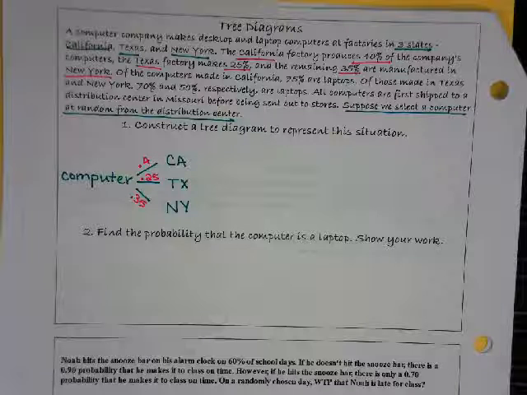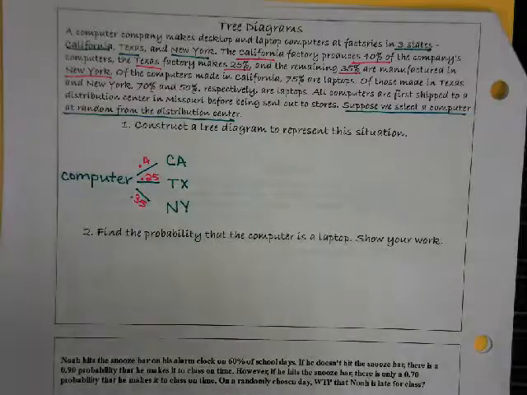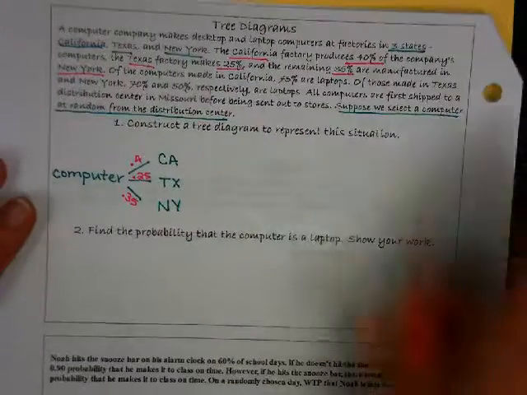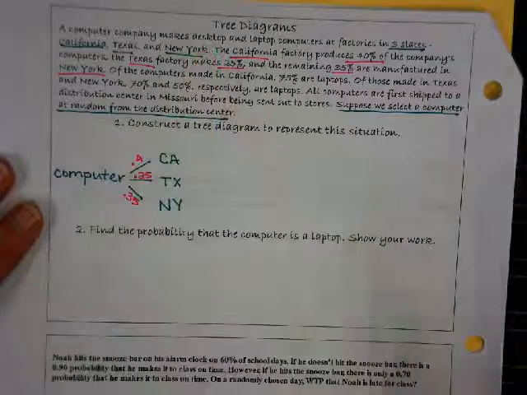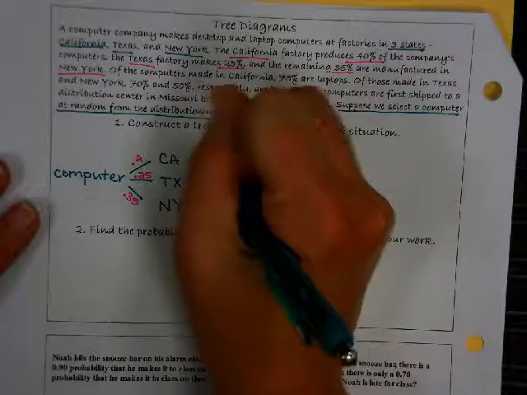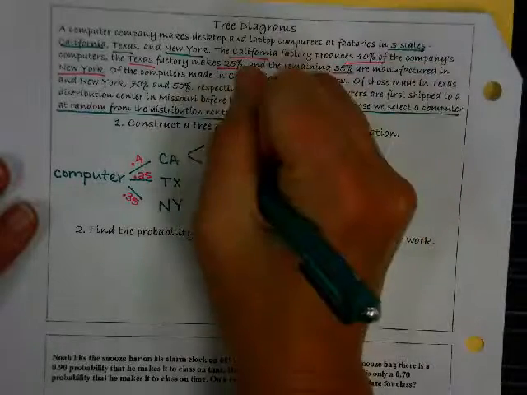No. All right. So now that I have my 3 states, it then tells me that there are a certain percent from each state that are laptops, and then the other one is desktop. So California makes desktop and laptop computers.